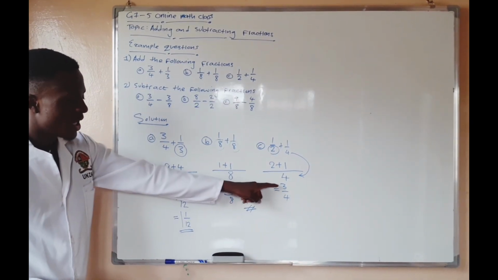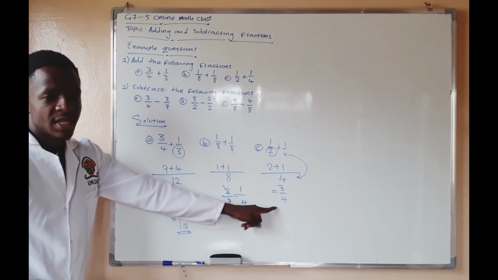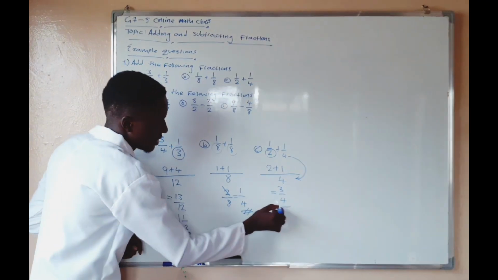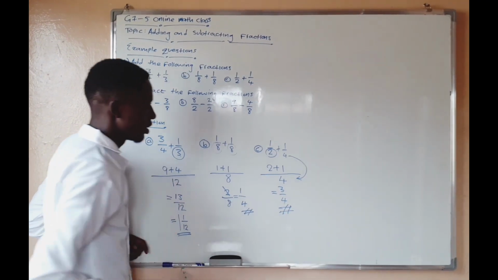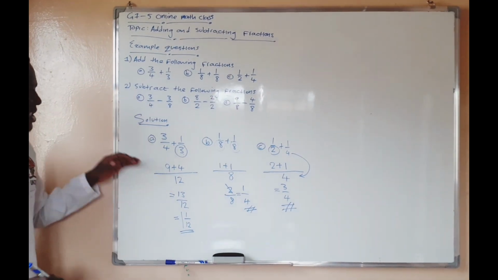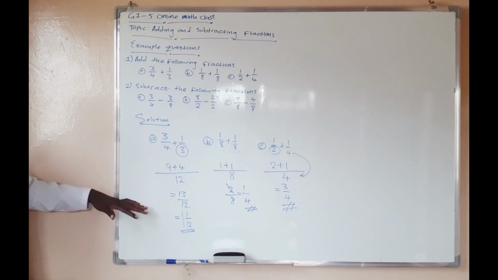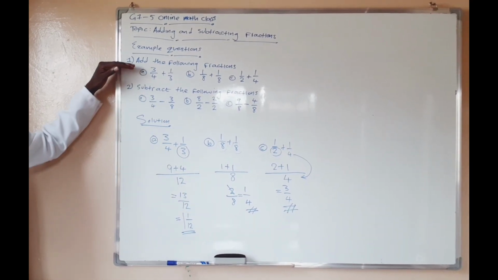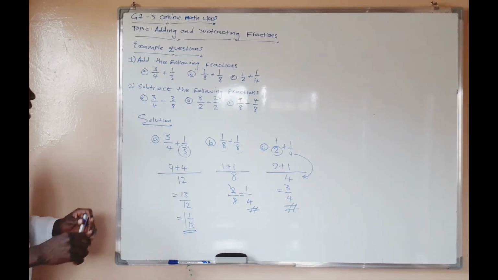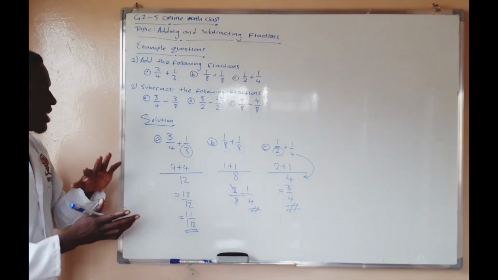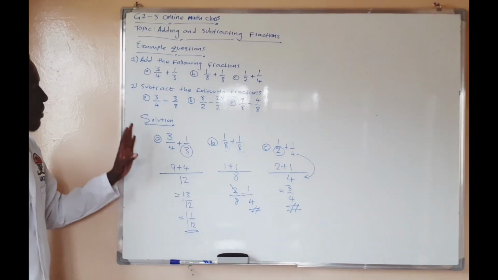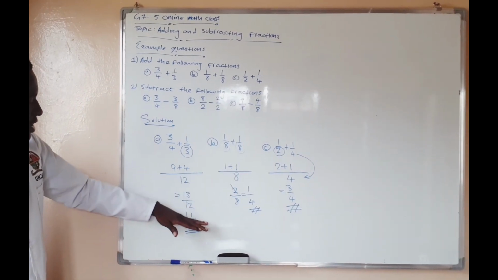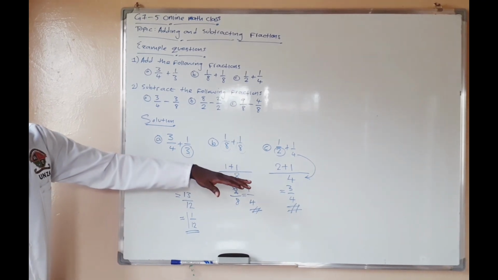We have a smaller number on top and a bigger number down. Then we are done. Okay, so these were example questions on adding fractions. Now, let us look at different examples, but we maintain the same scenario of finding the denominators.